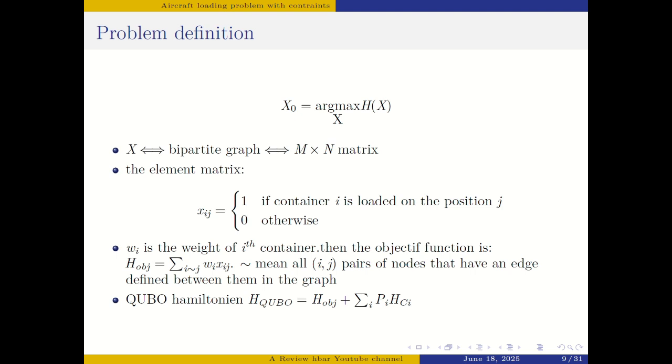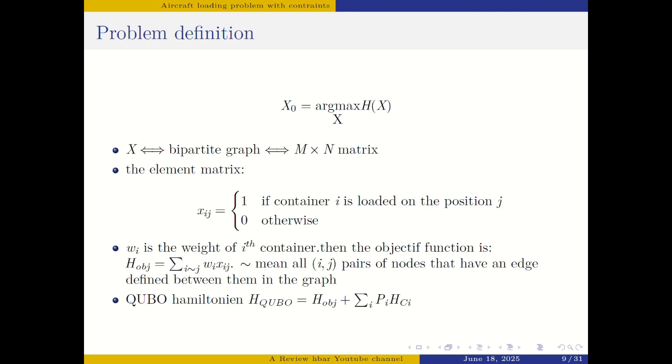The set x can also be seen as a bipartite graph between the m containers and the n positions in the aircraft. From that, we can define a binary matrix of size m times n, where each element describes whether a container is placed in a given position.